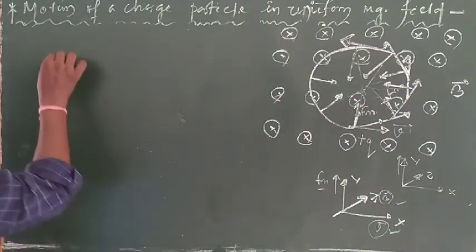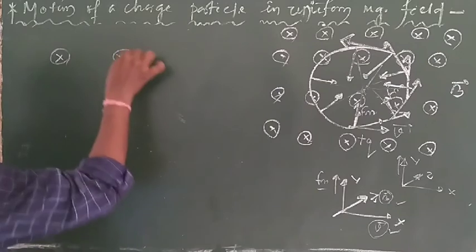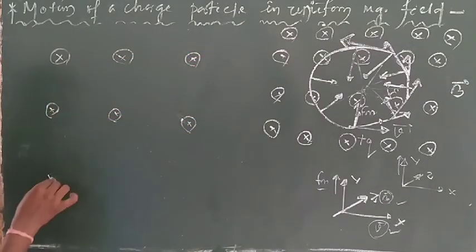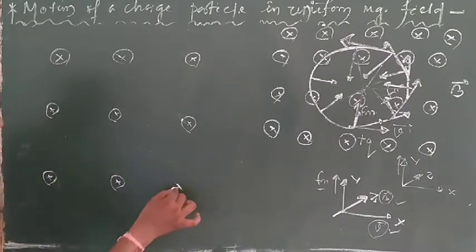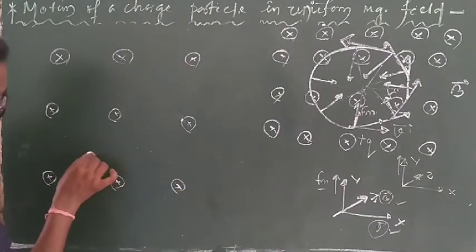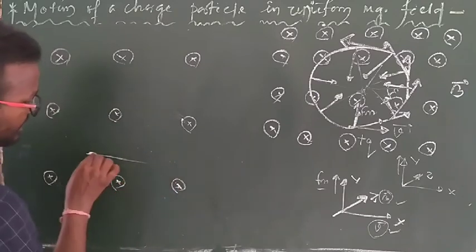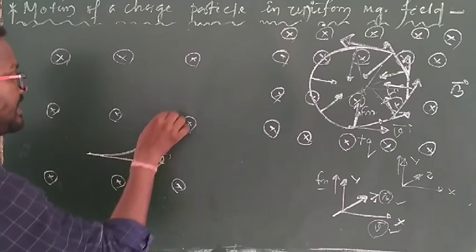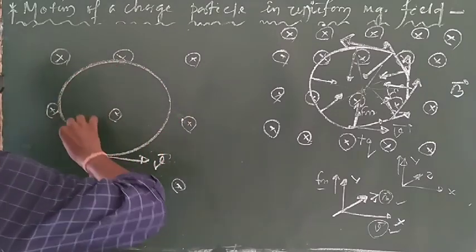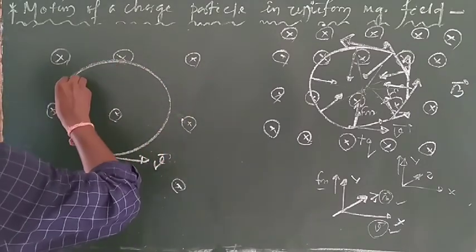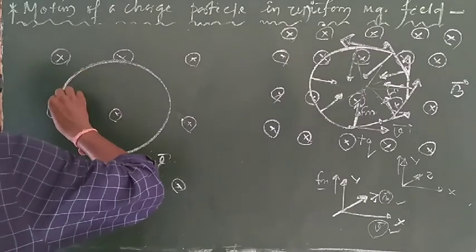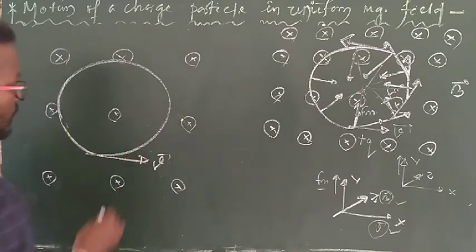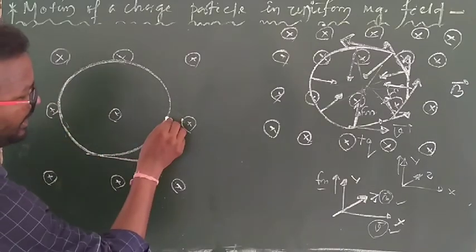If we make a clear diagram, this cross indicates the direction of uniform magnetic field, and suppose a charge particle is moving in this direction with velocity V. Then it changes its direction, the magnetic force influences the charged particle to move in a circular path.